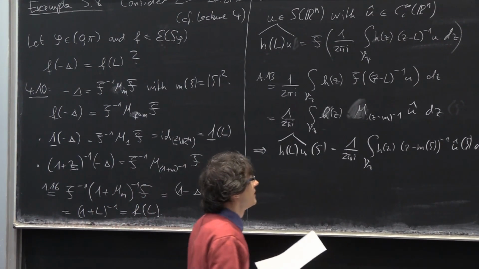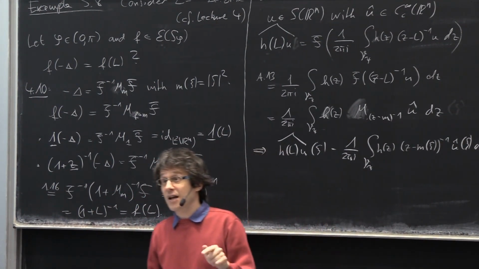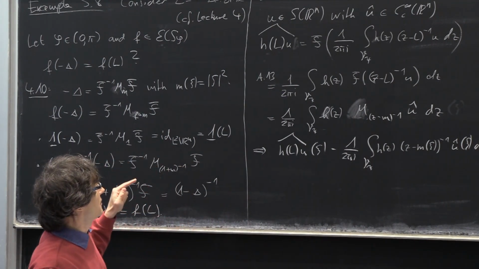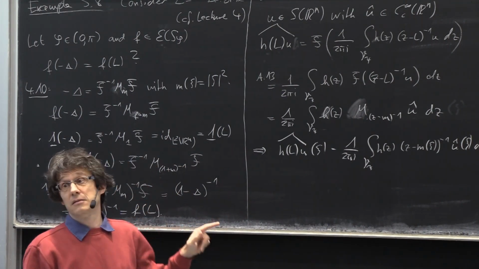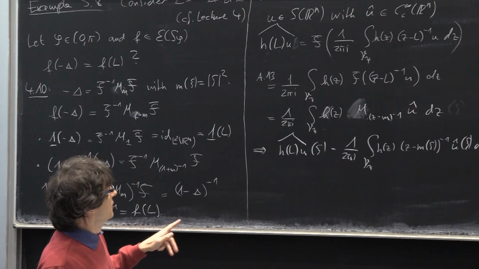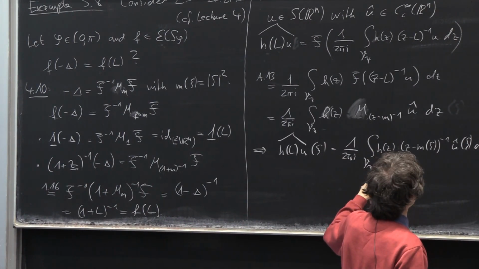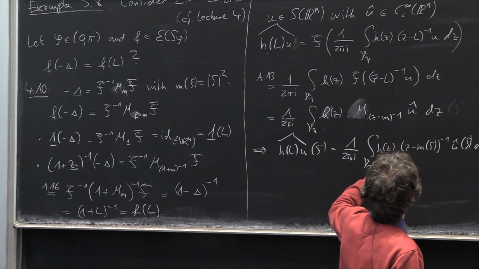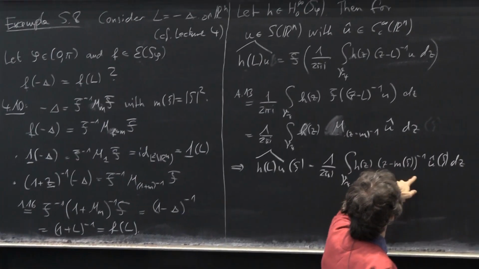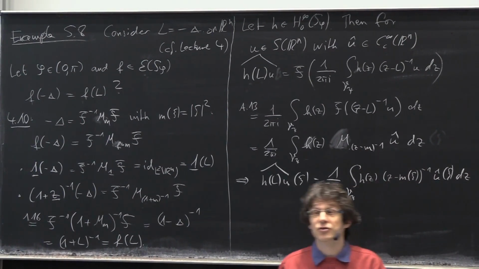And the advantage now is that we have a complex integral, just a complex integral. We are integrating along a path gamma psi some complex function h of z multiplied with this one. So this is again a Cauchy integral formula.